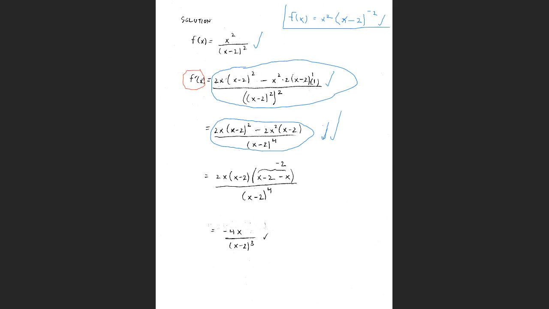And right now, I have my first derivative written this way. So what must you do next to get that chart?